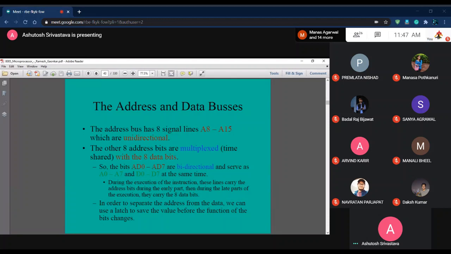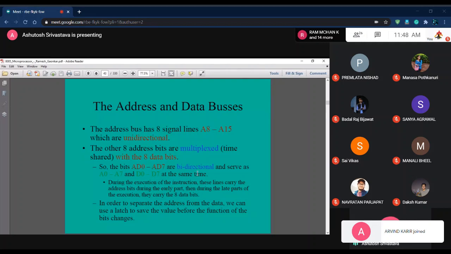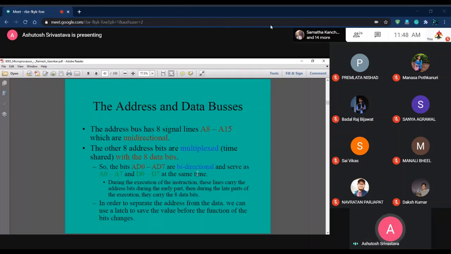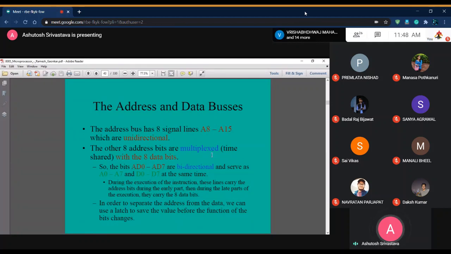And when they are talking about the same time, it is multiplexed, time shared. So they are not exactly at the same time, but under the time shared rule. That means either of the two. You cannot have both the data going at the exact same time.